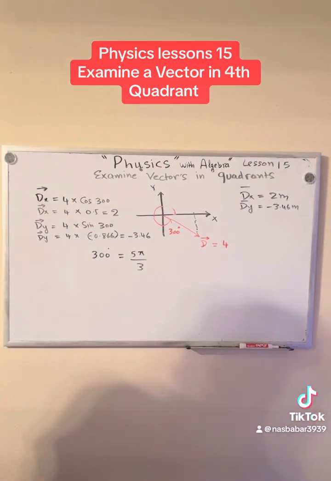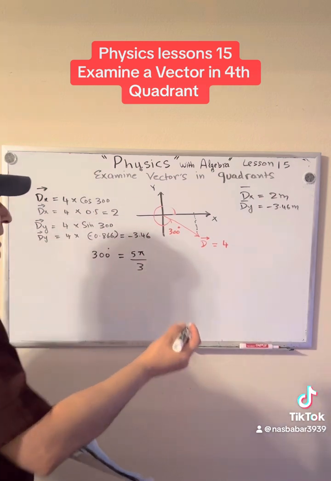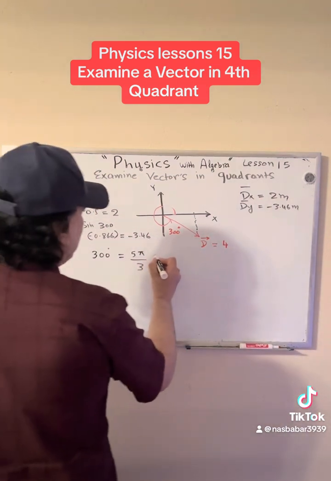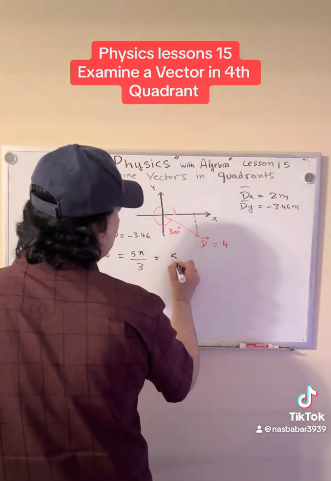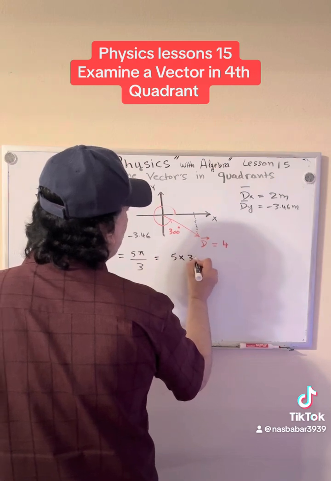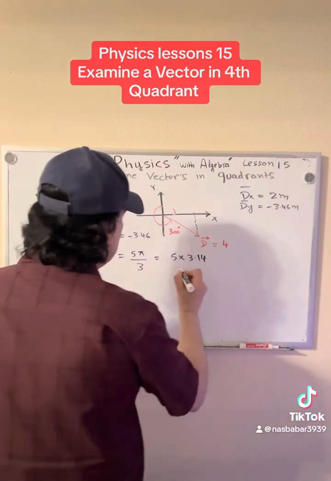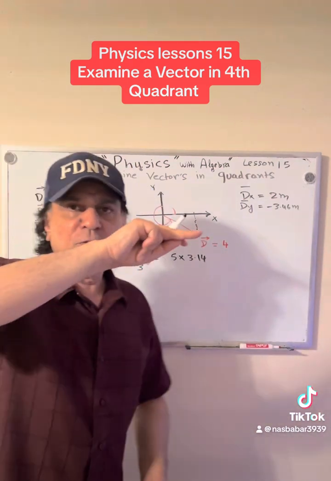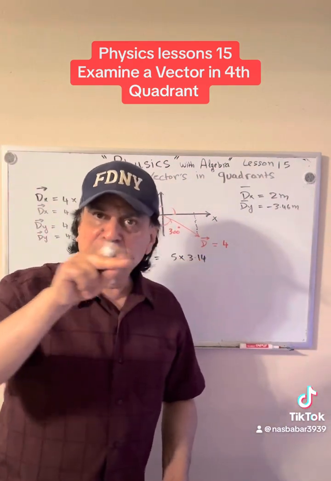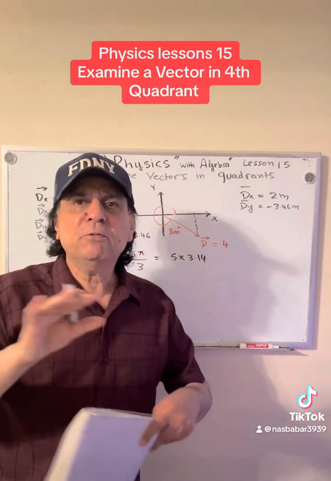Now if you want to convert that into a decimal value, you have to do 5 times 3.14, which is the value of pi, 22 over 7. That's the ratio of a circumference and diameter. This ratio will never change.